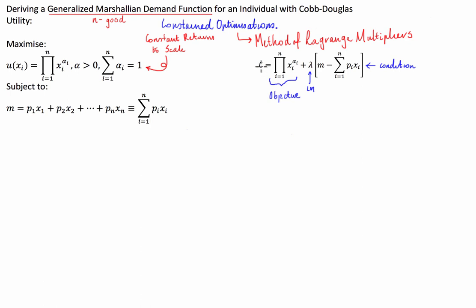To do that, we're going to use calculus. More specifically, we're going to take first order partial derivatives of the Lagrangian function with respect to each of the goods. We'll label these our first order conditions, FOC, which have to be satisfied.